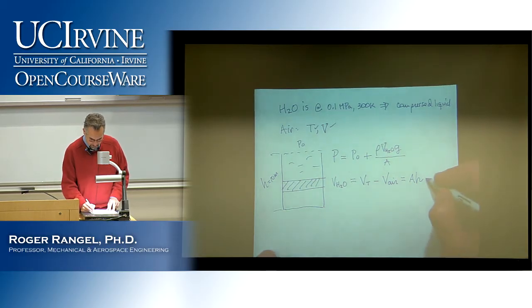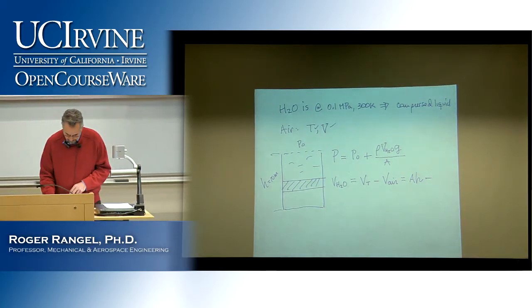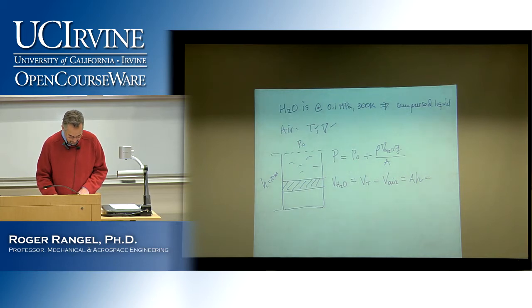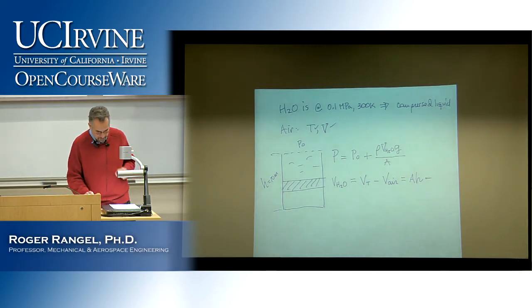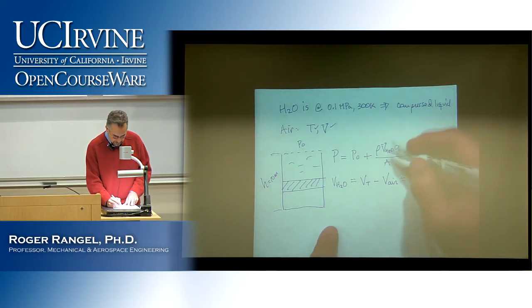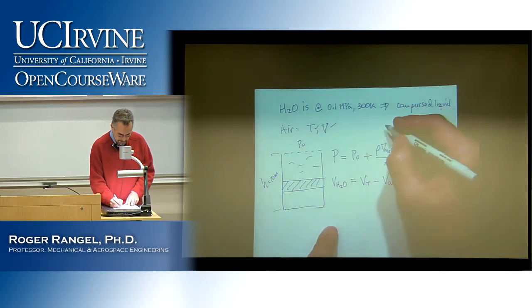And what is the volume occupied by the air? Oh yeah, that was given. So I can do this number. I know everything here. The density of the water, what is the density of water?